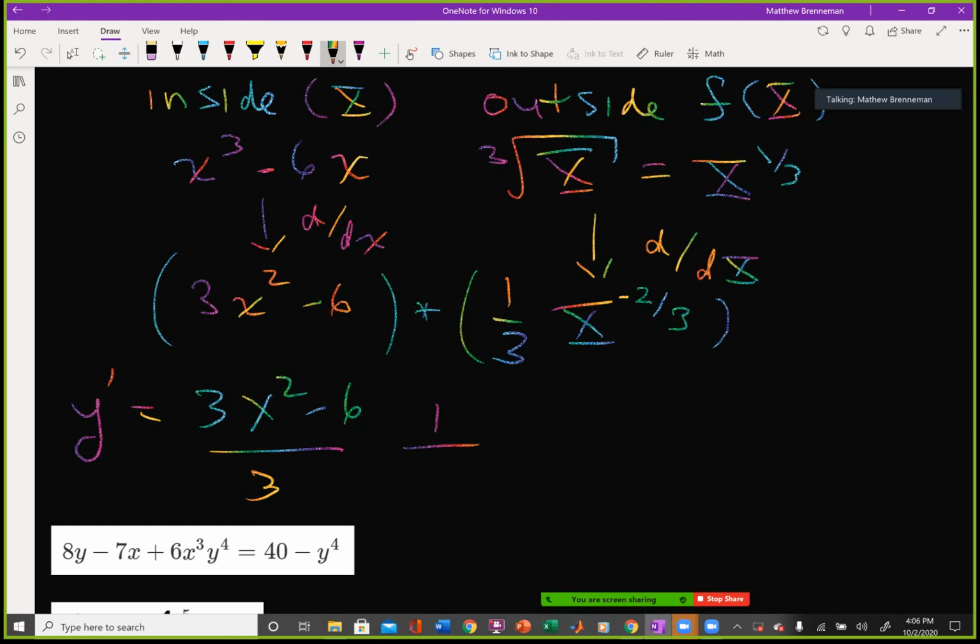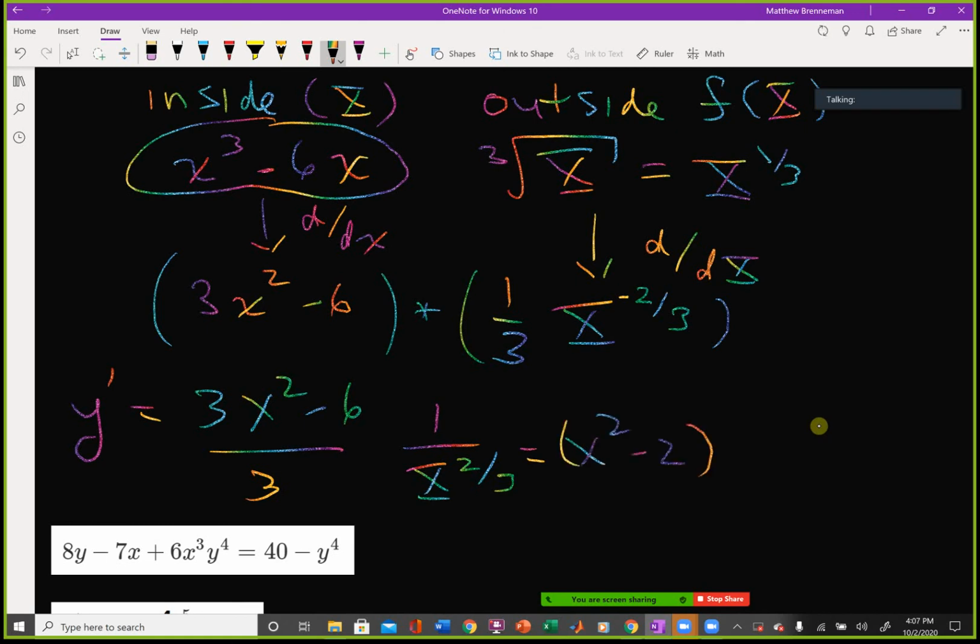And I'm going to bring the X downstairs and make the exponent positive now. And of course, my last step will be to substitute in for the inside function. All over top of .